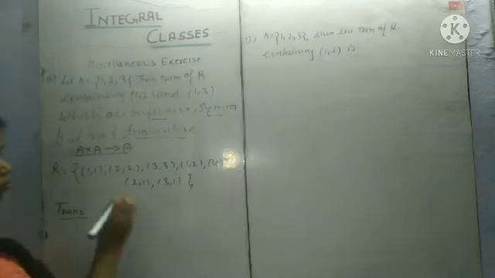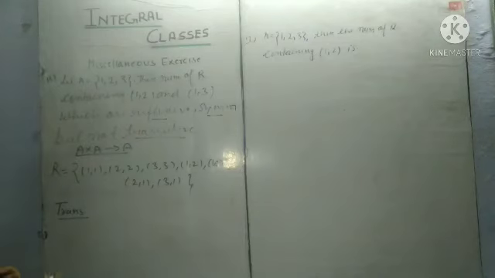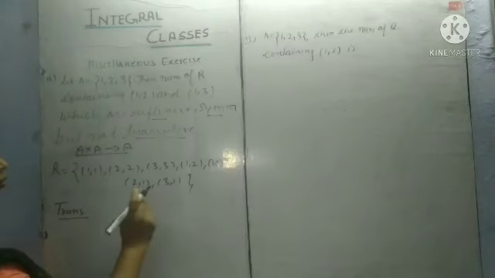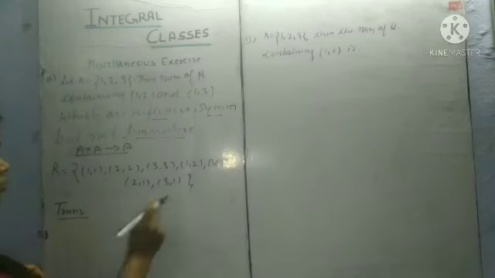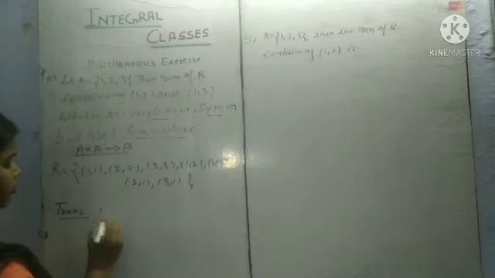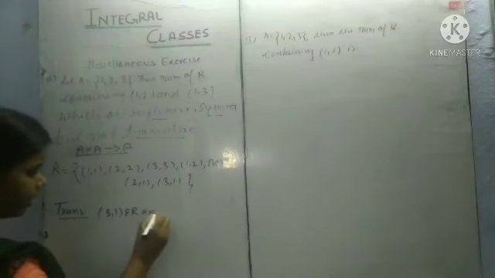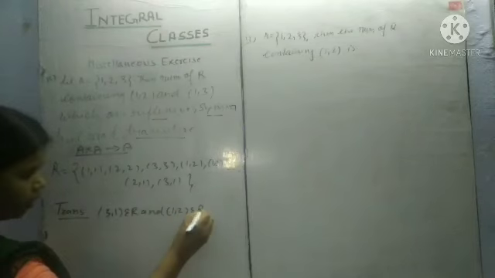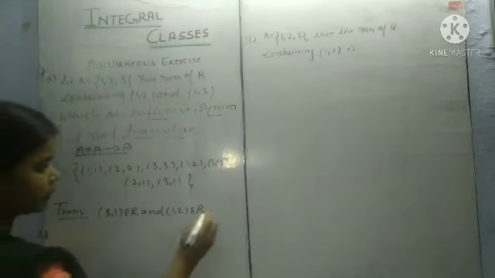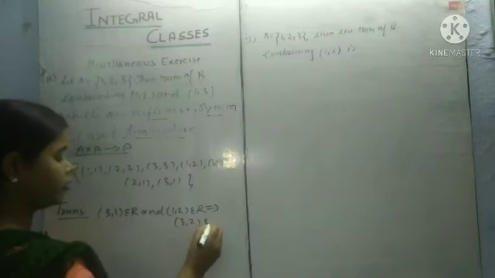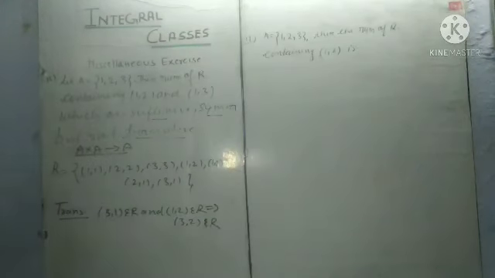Suppose we consider 1 3, and if 3 1 is an element of R and 1 2 is an element of R, here in the relation it implies that 3 2 is not an element of R. So this relation is not transitive.